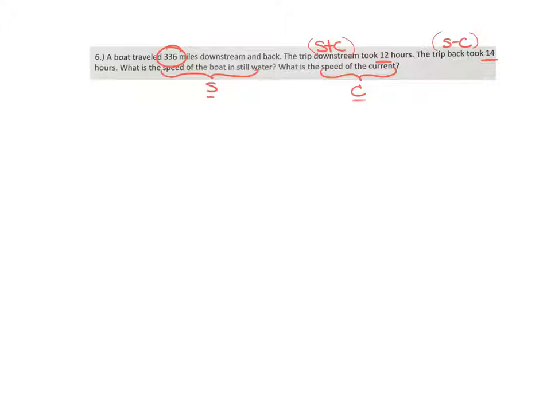So in order to write these equations, you would write 12 times S plus C equals our distance, which is 336 miles. Going back up, it would be 14 times S minus C equals 336 miles. Now, just like before, we want to get this into a simple equation for us to use elimination with.